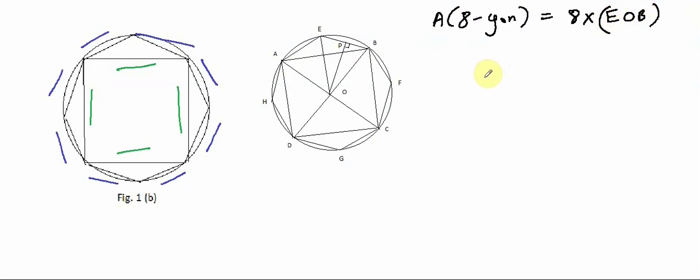There are 8 such triangles. So the area of the entire octagon is 8 multiplied by the area of a single triangle. So let us find the area of triangle EOB, and we will multiply it by 8.